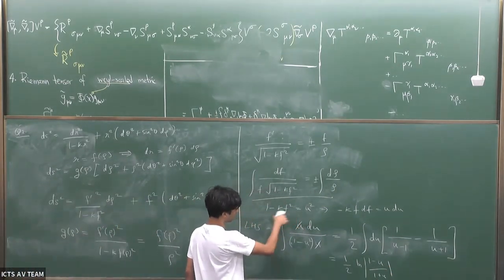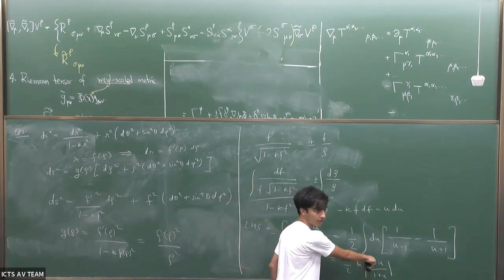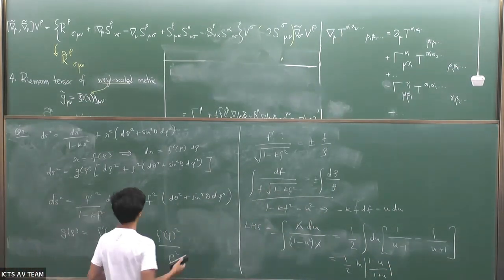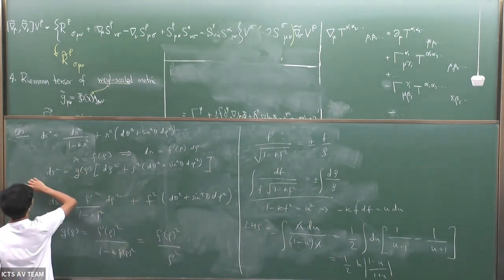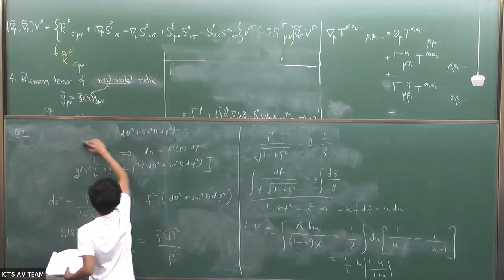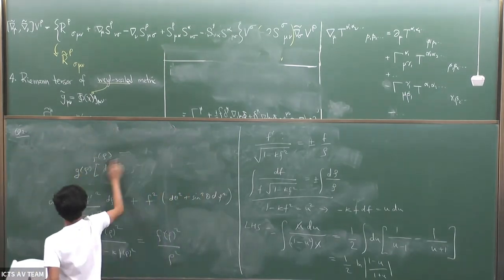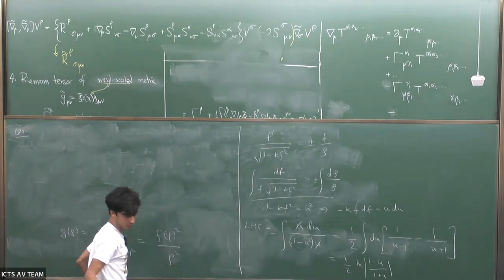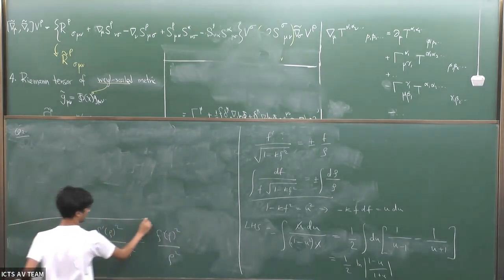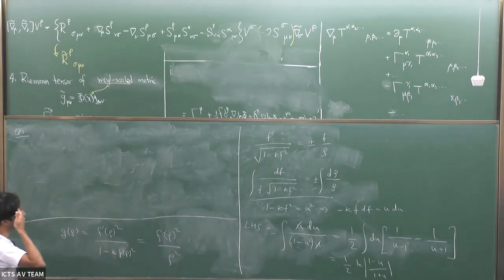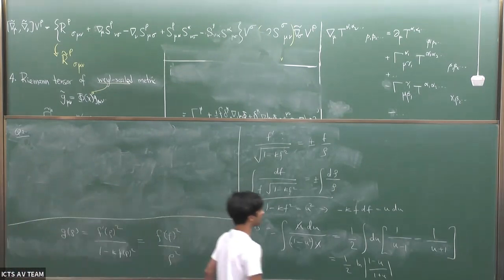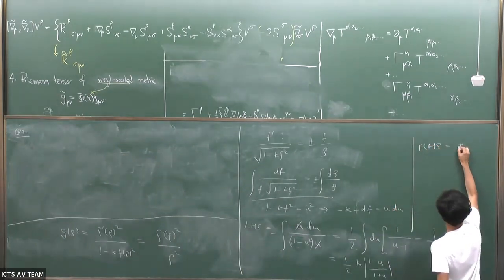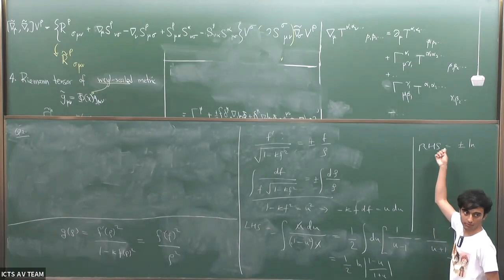And we know from this that u is less than 1. So that's why I've taken this sign inside the log. And the RHS is just plus or minus log of ρ plus some constant which we can absorb.